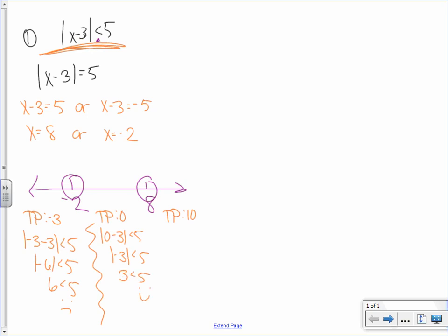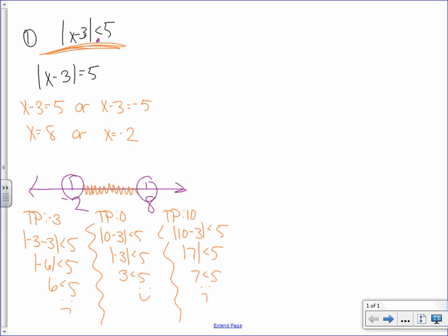And 3 is less than 5, so woohoo, we are going to shade in the part that has 0. When I test 10, that's going to give me 7. The absolute value of 7 is 7. That does not work, so we do not shade.